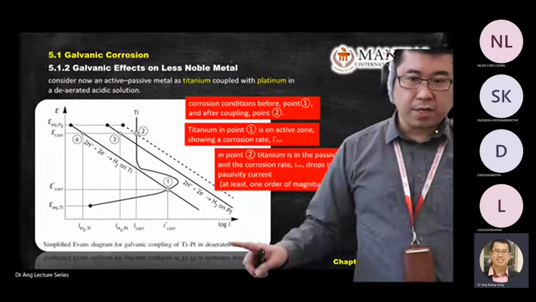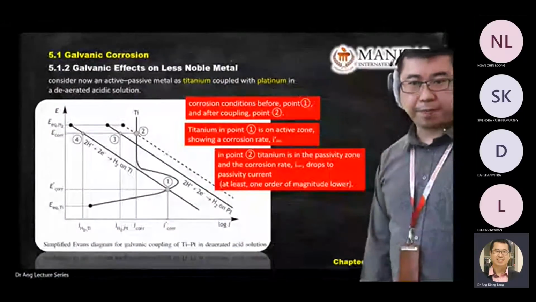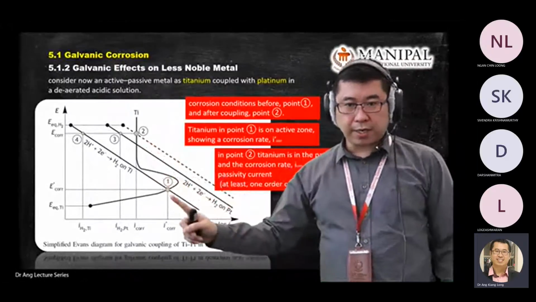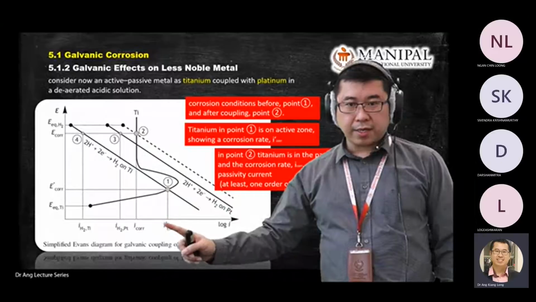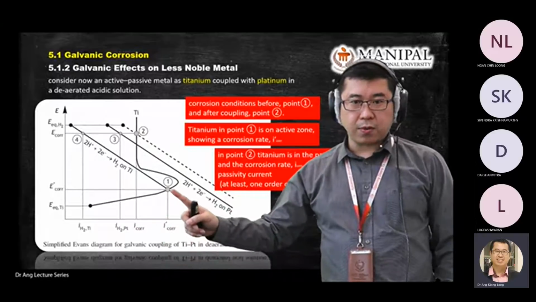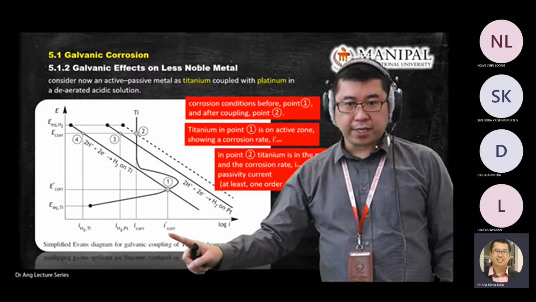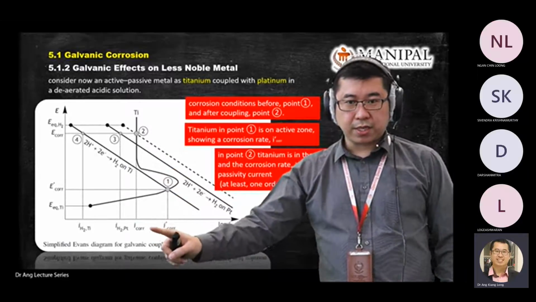This is what happened to the titanium at point number 2. You can see that the I here drops to a lower level, 1 to 2, and you expand down the value. 1 is here, 2 is here, again.